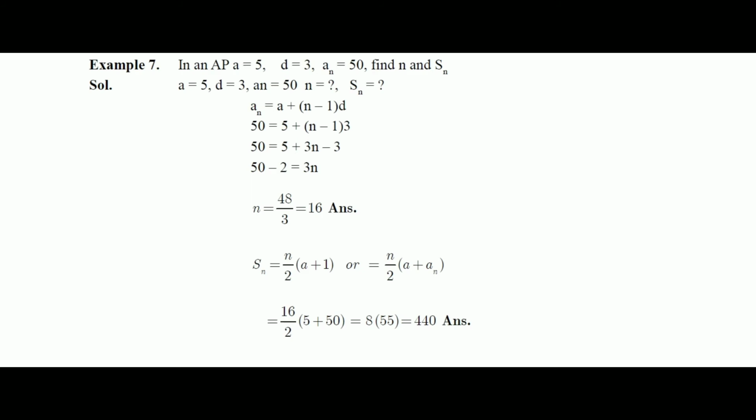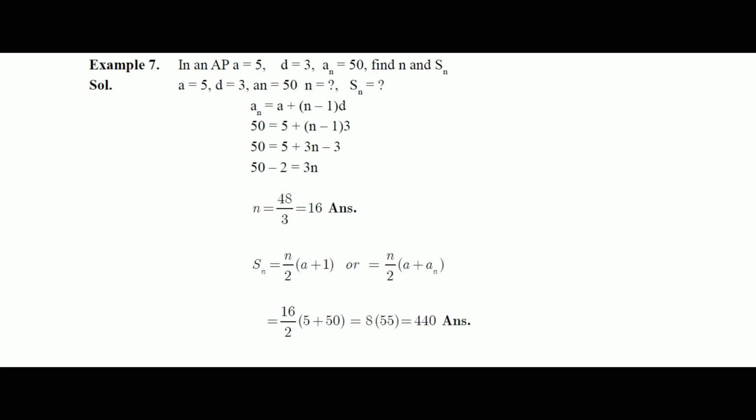From the general term formula we calculated n, and from here we can easily find Sn because we have the last term an equal to 50. So we can use the formula Sn equals n by 2 bracket a plus l. No need to use the bigger formula. L can be an, the last term or nth term.